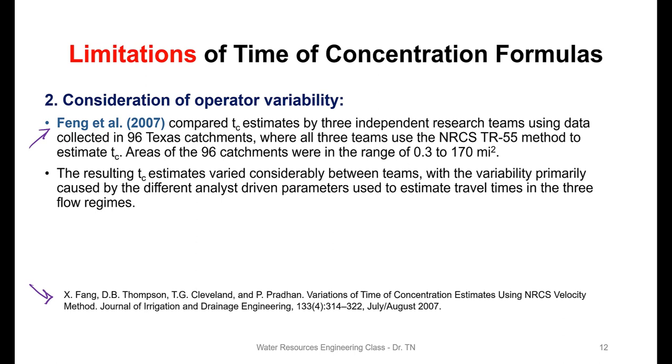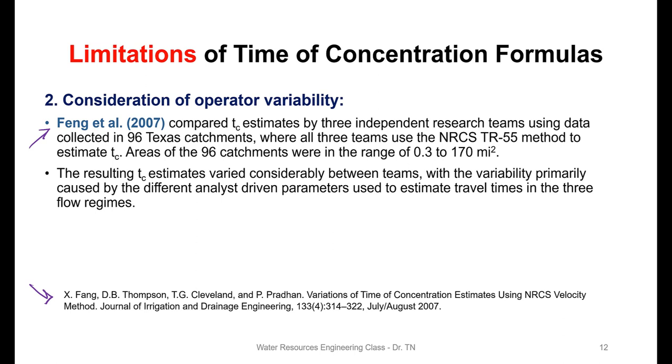What I want to tell you is to be aware of these variabilities, the operator variabilities, because the decision that I make as an engineer might not be exactly the decision that you make as an engineer. Some other empirical methods, such as the NRCS lag method, reduce this operator variability.